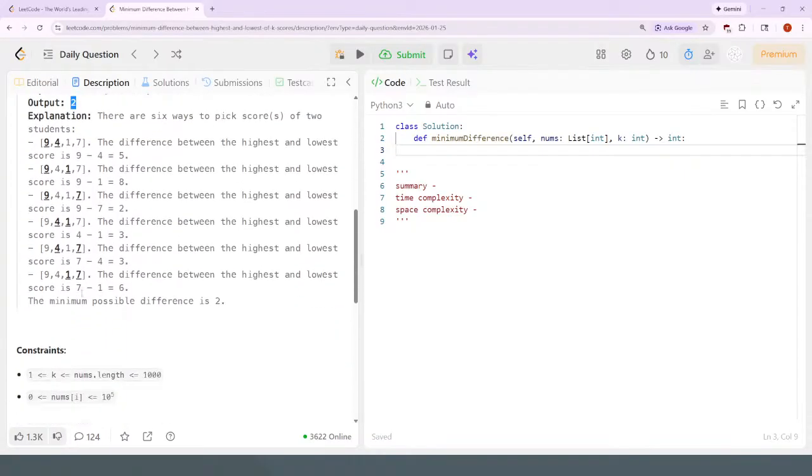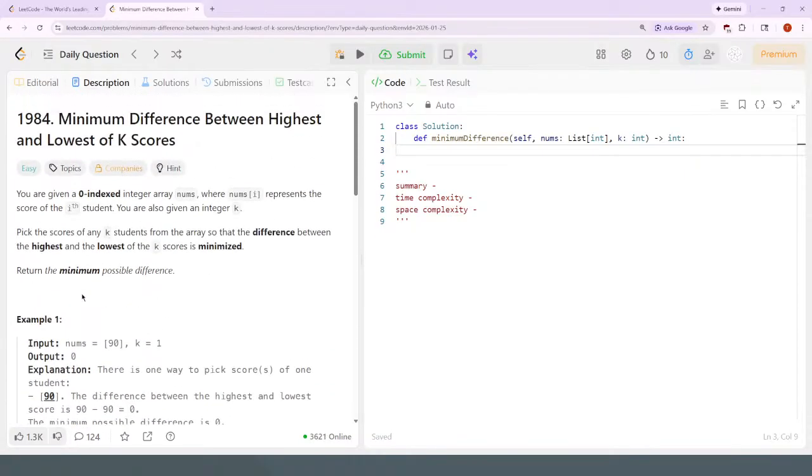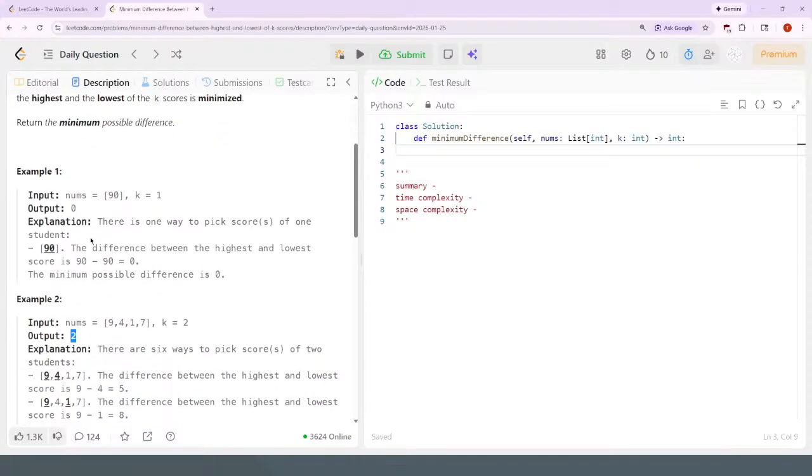Alright, so I think this is best done with sorting, right? If you sort them, k would just be the number of consecutive elements in that sort.